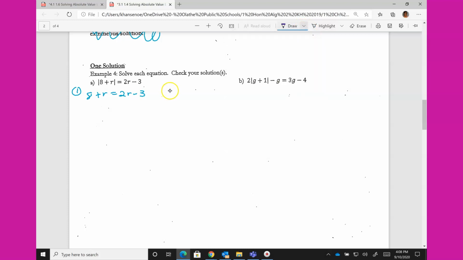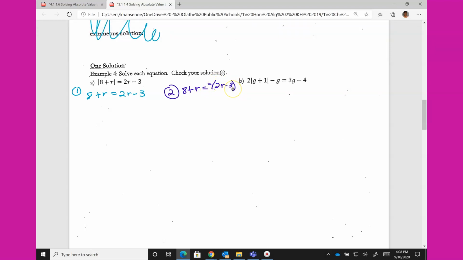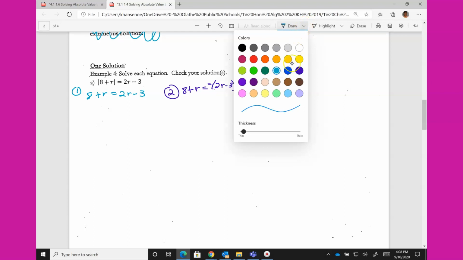My second equation is going to be 8 plus r equals the negative of 2r minus 3. So you're still setting the answer part to a negative.